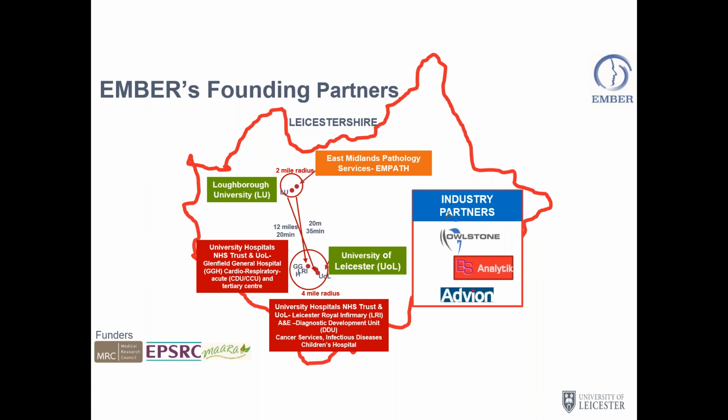And we have these two key universities within Leicester, the partners within EMBER, Leicester and Leicester. We also have one unifying pathology clinical service, MPATH, which covers the region. And as you can see, we also have a number of industry partners that have founded EMBER. Next slide, please.